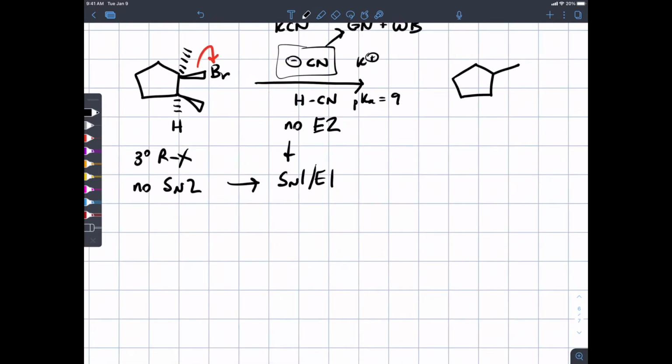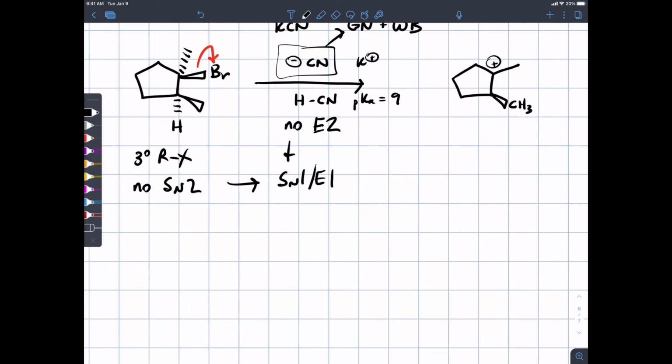Notice that as I draw this carbocation, my drawing indicates that the carbon that used to have the leaving group is now trigonal planar, sp2 hybridized, and I know that the p orbital on that carbon would be evenly distributed on top and on the bottom. I also have to fill in this other methyl group. Okay.